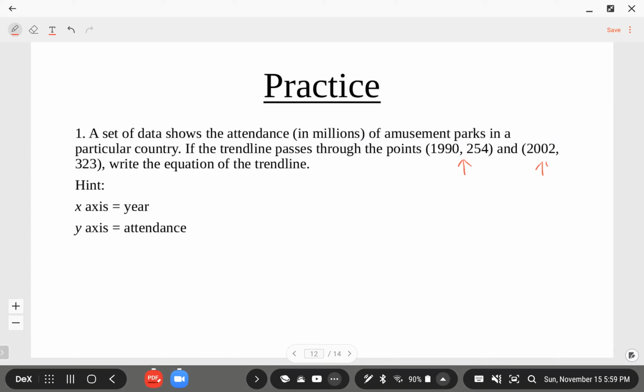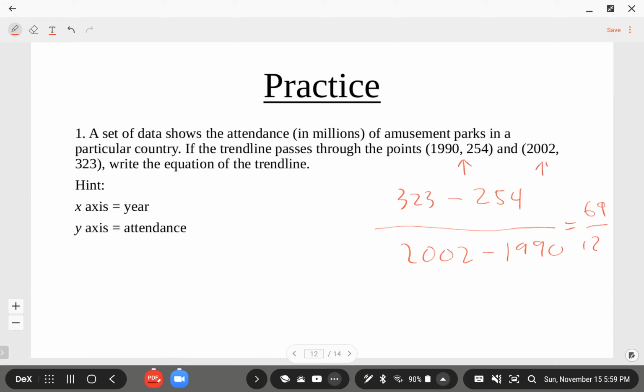So we have 1990 and 2002, those are our two x values. Our y values are 254 and 323. So 323 minus 254 over the x values, 2002 minus 1990, which equals 69/12.